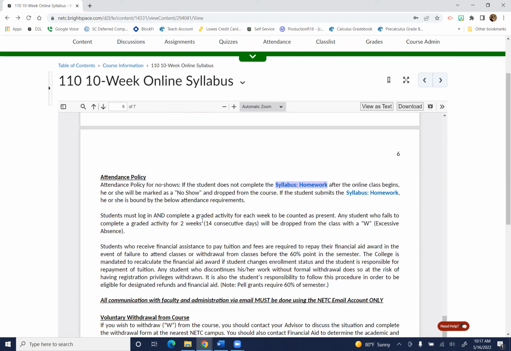Student must log in and complete a graded activity for each week to be counted as present. Any student who fails to complete a graded activity for 2 weeks or 14 consecutive days will be dropped from the class with a W. Then that W will be indicated as excessive absence.